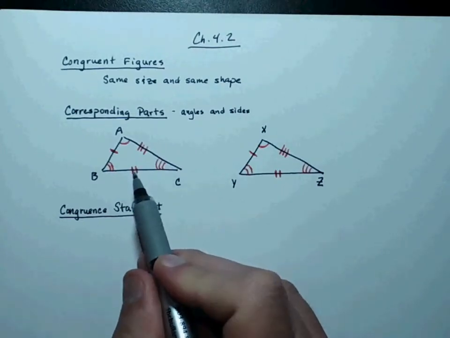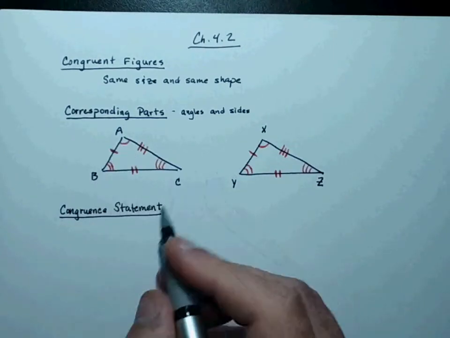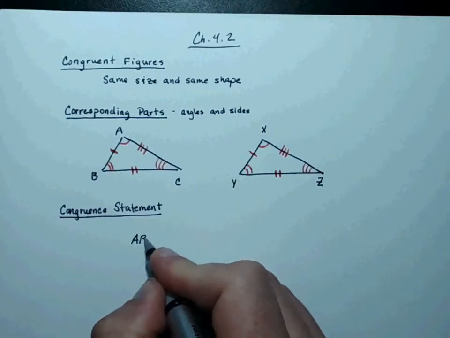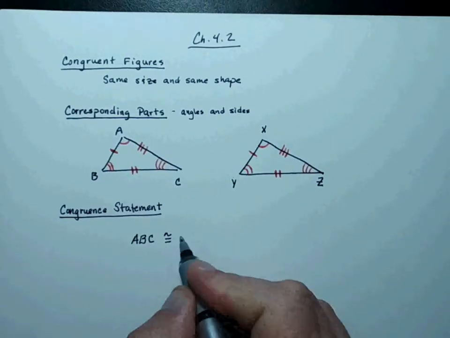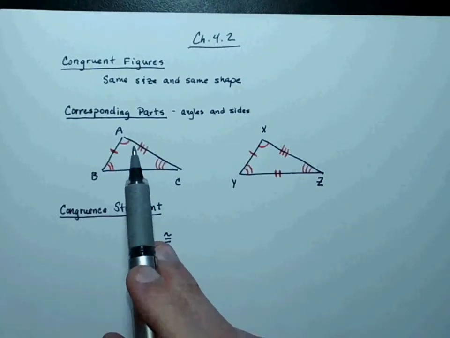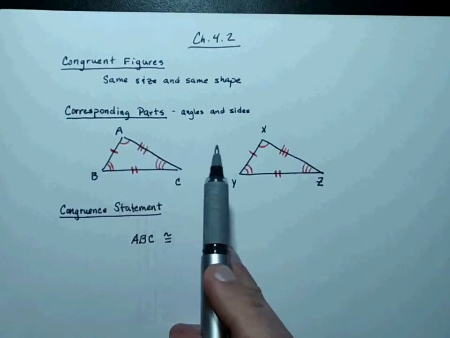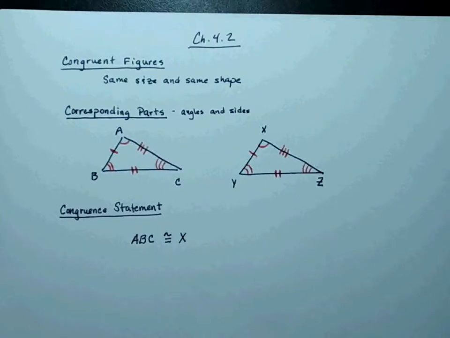If I want to call this triangle, let's say, triangle ABC, and I want to say that it is congruent to this triangle, we're going to have to match up the corresponding parts. Since I put A first when naming this triangle, I'm going to have to put its corresponding angle, which is X, first.